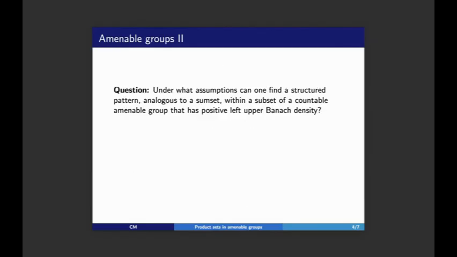Now the question, after introducing amenable groups, is under what assumptions can we prove a theorem analogous to the theorem of Moreira, Richter and Robertson for amenable groups? Namely, under what assumptions on the group G can we guarantee that every subset of G with positive left upper Banach density contains an infinite product set?